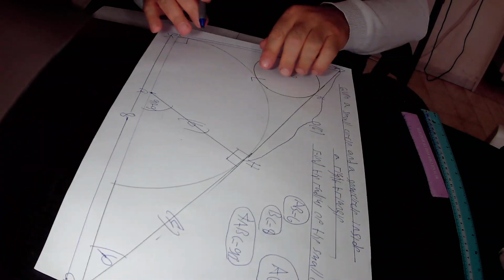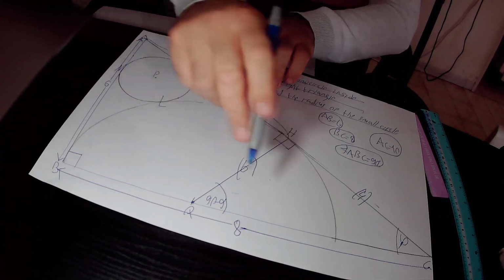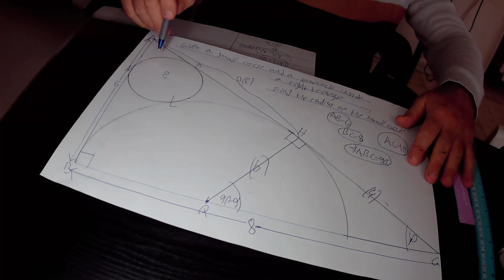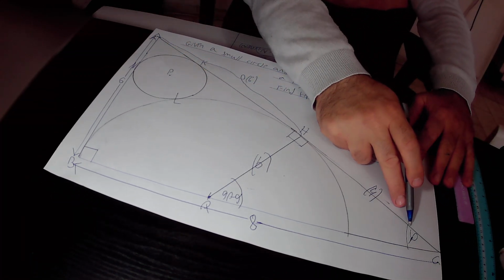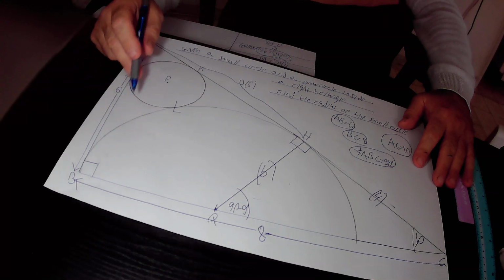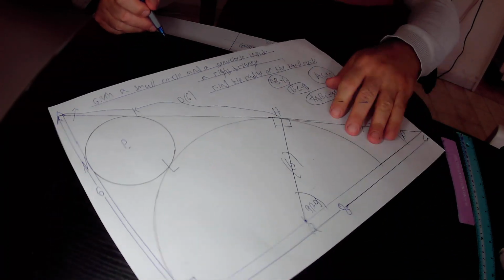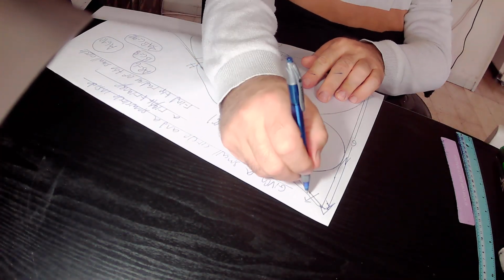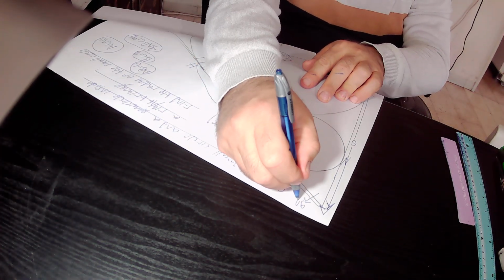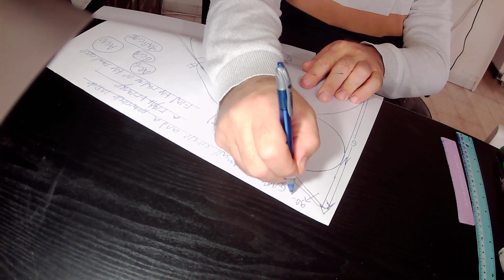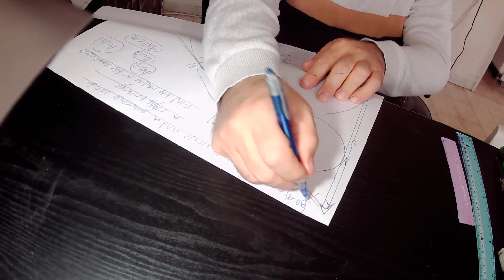Likewise, we will focus on the right big triangle, triangle ABC. In the right big triangle ABC, this angle equals alpha, this angle equals 90 degrees. Therefore, this first missing angle must equal 90 degrees minus alpha, according to the sum rule: the sum of the angles in any triangle is equal to 180 degrees.